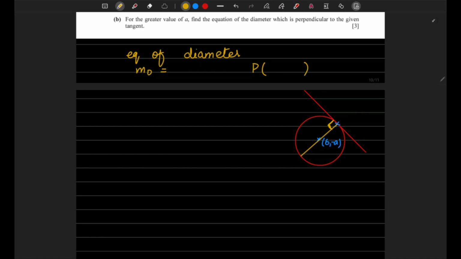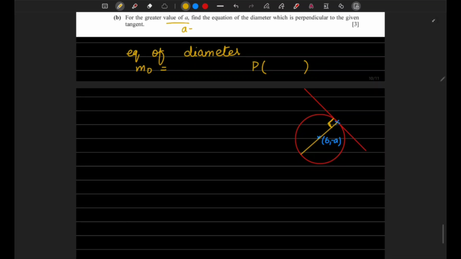They say for the greater value of a, that means obviously the center will lie on this line, and the greater value of a is 4, so we take a equals 4. So your point would be the center, which is 6 comma minus 4.